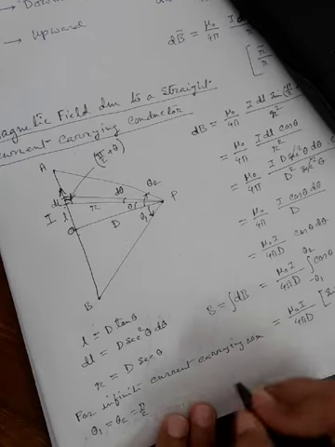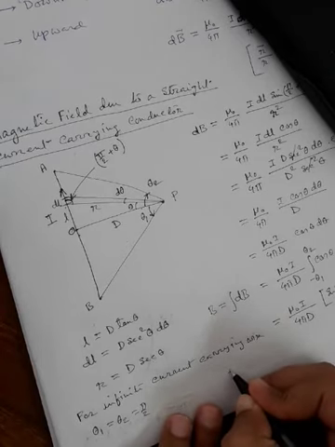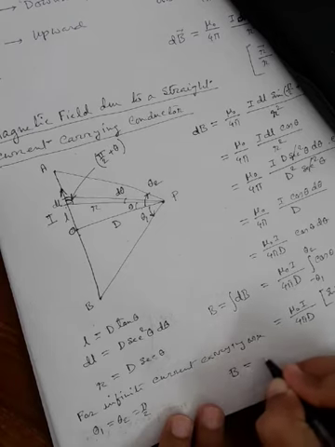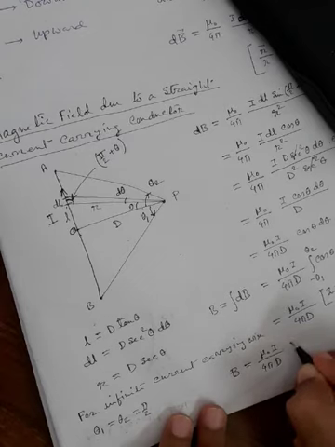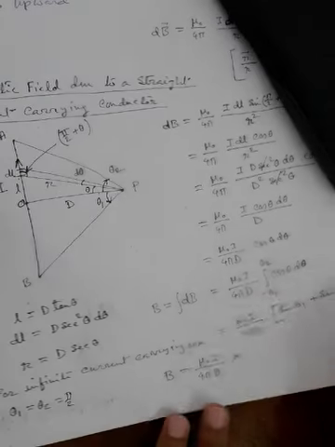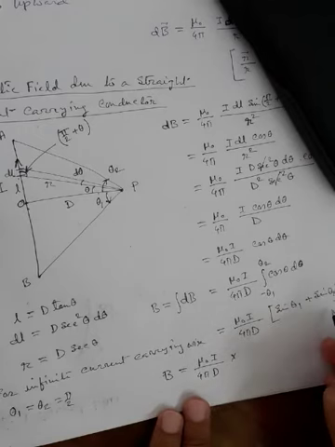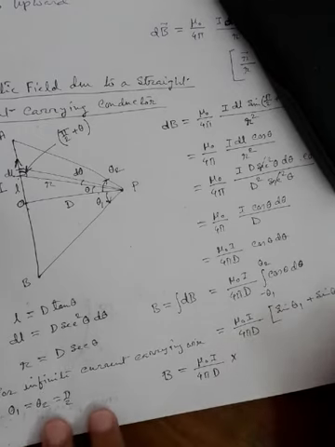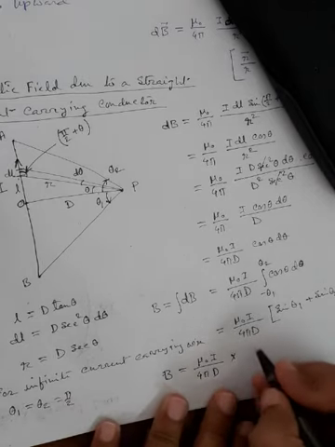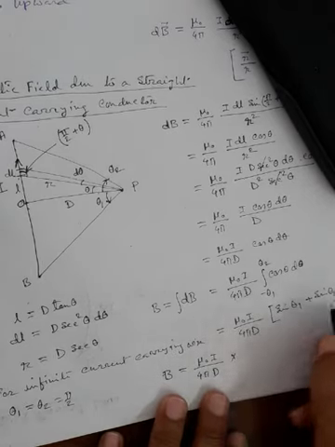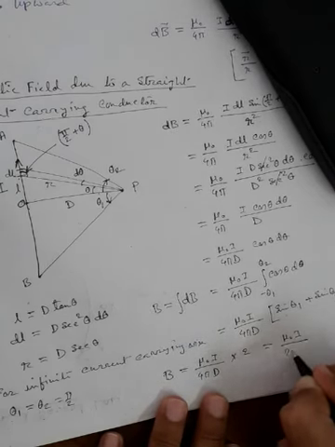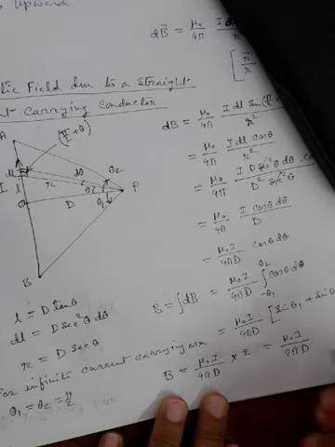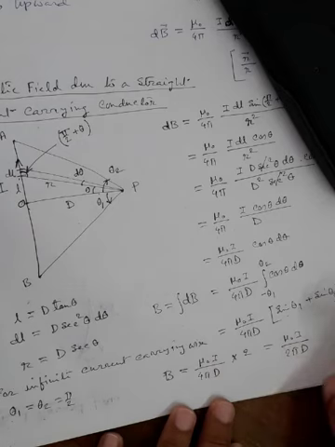We will get the magnetic field B is equal to mu 0 I by 4 pi d into, this sin theta 1 will be 1 and this sin theta 2 will also be 1 since this is pi by 2. Therefore this 1 plus 1 will be 2 and the magnetic field will be mu 0 I by 2 pi d, which is same as we have derived in the Ampere's law case.